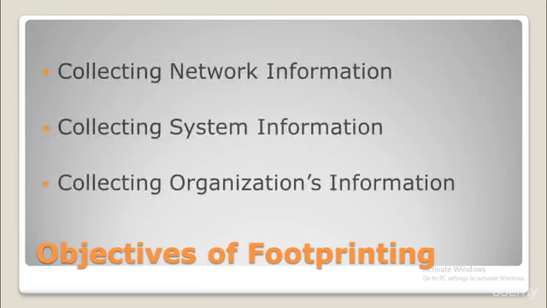Coming to the next point, there are a few objectives of footprinting. The major objectives include collecting the target's network information, system information, and organization information. By carrying out footprinting at various network levels, you can gain information such as network blocks, network services, applications, system architecture, intrusion detection systems, specific IP addresses, access controls, and many more.